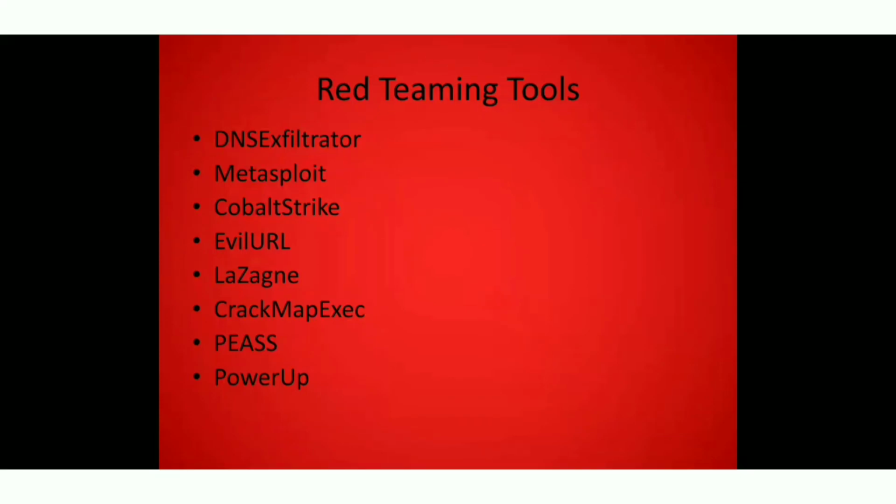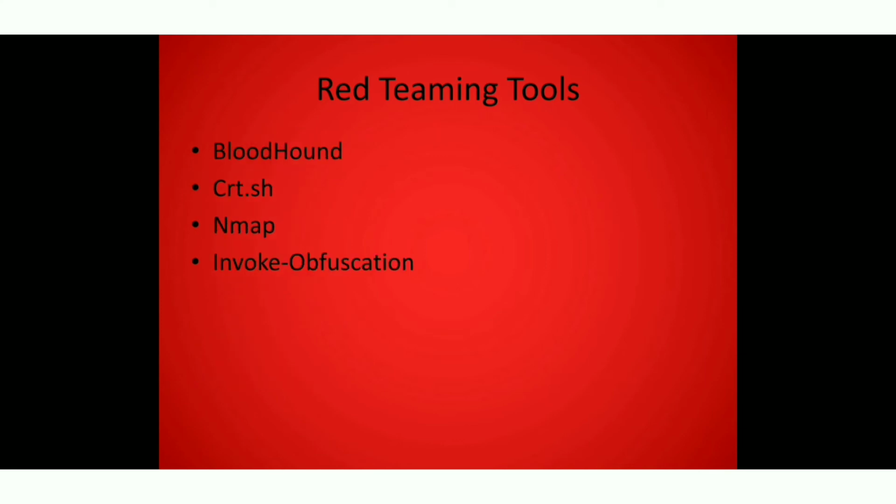The tools used by the red teams include but are not limited to DNS Exfiltrator, Metasploit, Cobalt Strike, EvilURL, Lazagne, CrackMapExec, PowerUp, Bloodhound, Nmap, Invoke-Obfuscation.